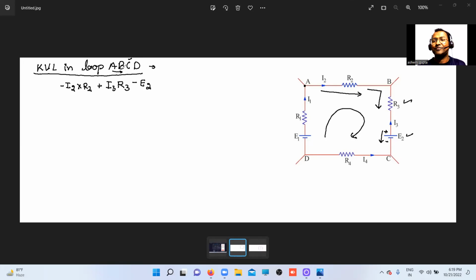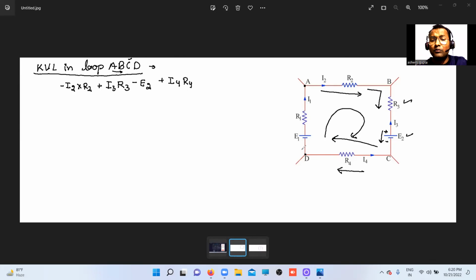Now move ahead from point C to D. Here, the current is moving from D to C, but we are moving from C to D, so opposite in direction, which means we can write I4 into R4. This is the potential. Now we have reached point D, but since we started our journey from point A, we have to reach point A again.